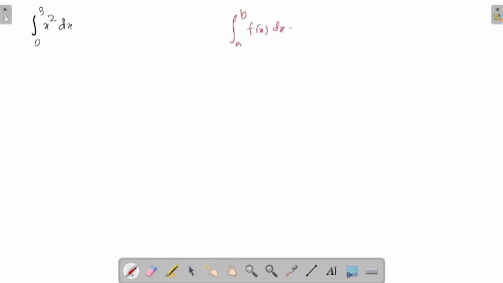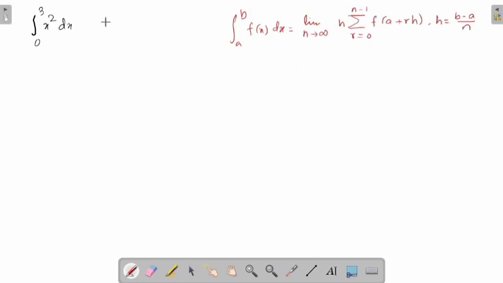All of you know this is limit n tends to infinity, h summation, r is from 0 to n minus 1, f of a plus rh, where h is equal to b minus a by n. So this is the formula that is available with us.